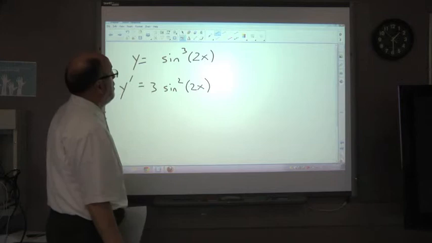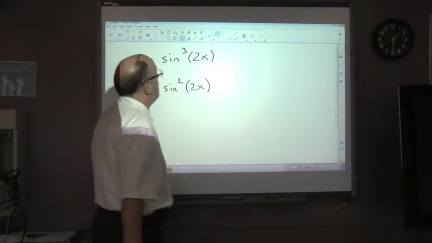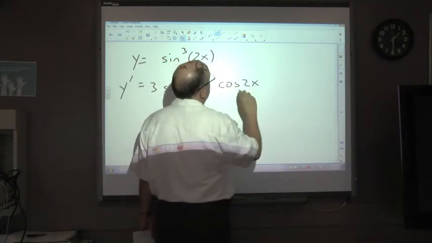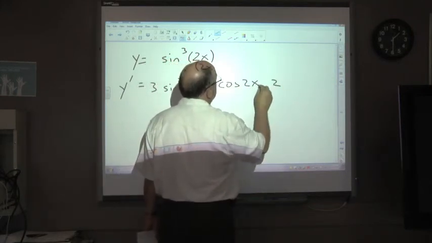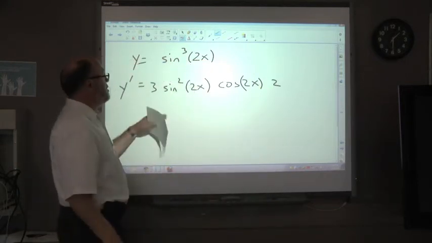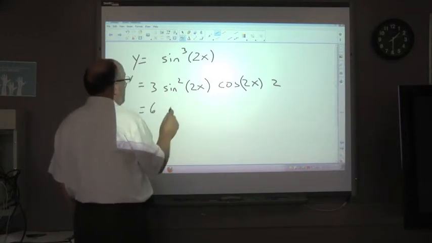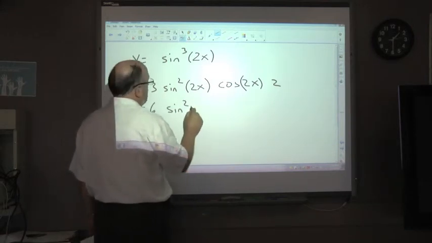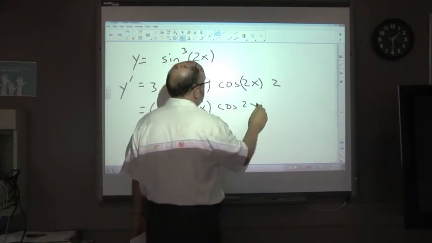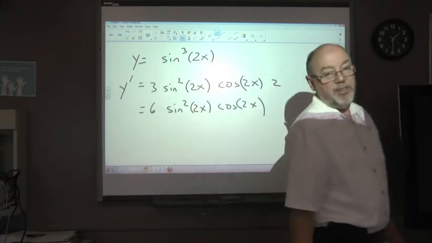Then we take the derivative of this, and the derivative of sine is cosine. And then we take the derivative of the angle, which was 2. So we end up with all this, and then this can be simplified. We could take this 3, combine it with that 2, and we get 6 sine squared 2x cosine of 2x. And that would be my derivative in that case.